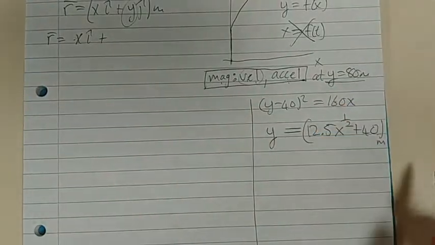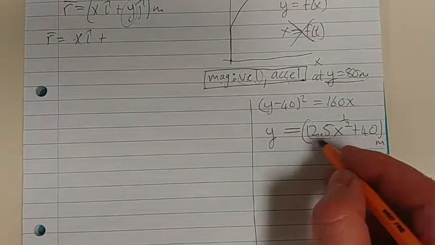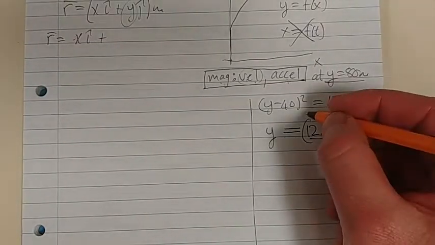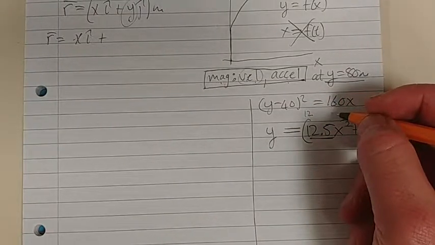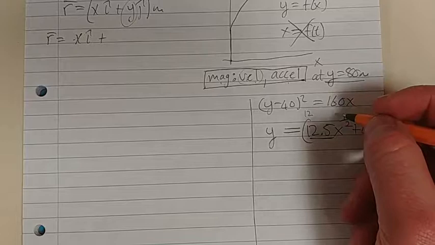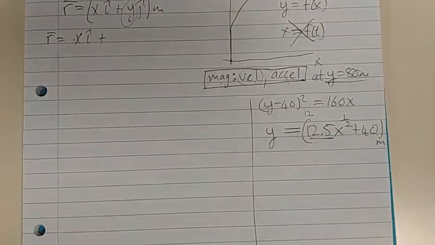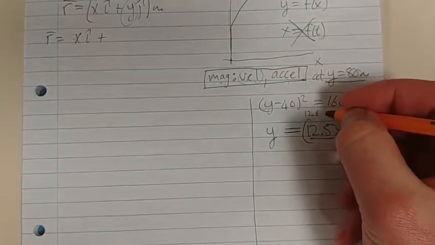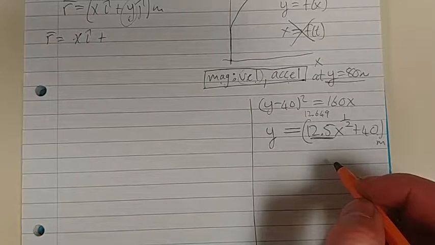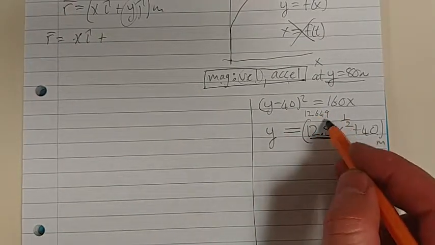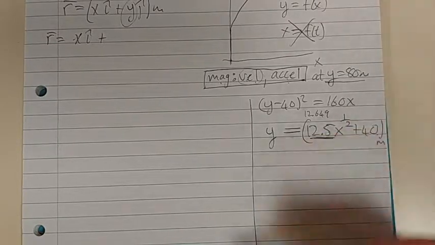I'm going to say this again and again as I go through this problem. I've rounded off here. I think it was something like 12, I forget exactly what it was. 12.649. I made a mistake: for some reason it's 12.649 and I wrote down 12.5. I just want you to take note that I made a mistake here, but I don't have time now to recalculate and redo the whole problem.